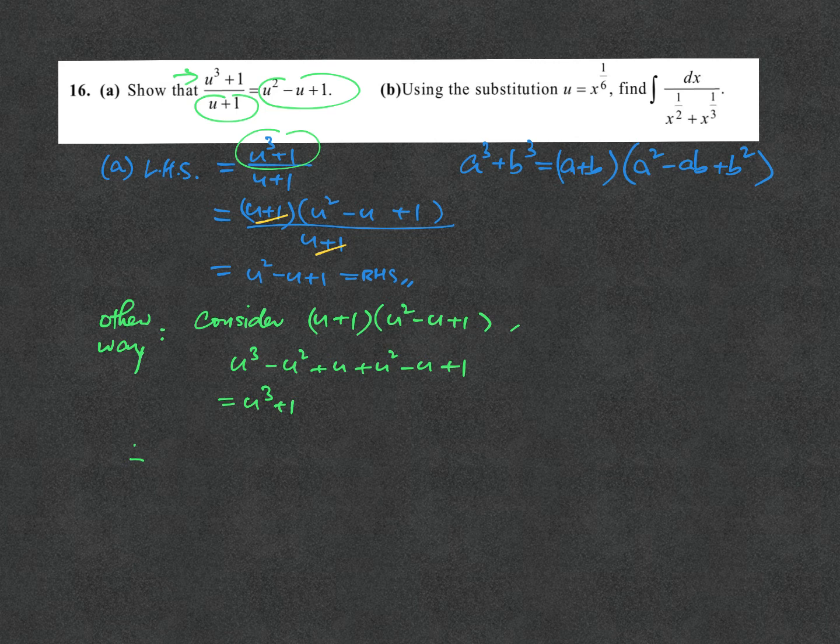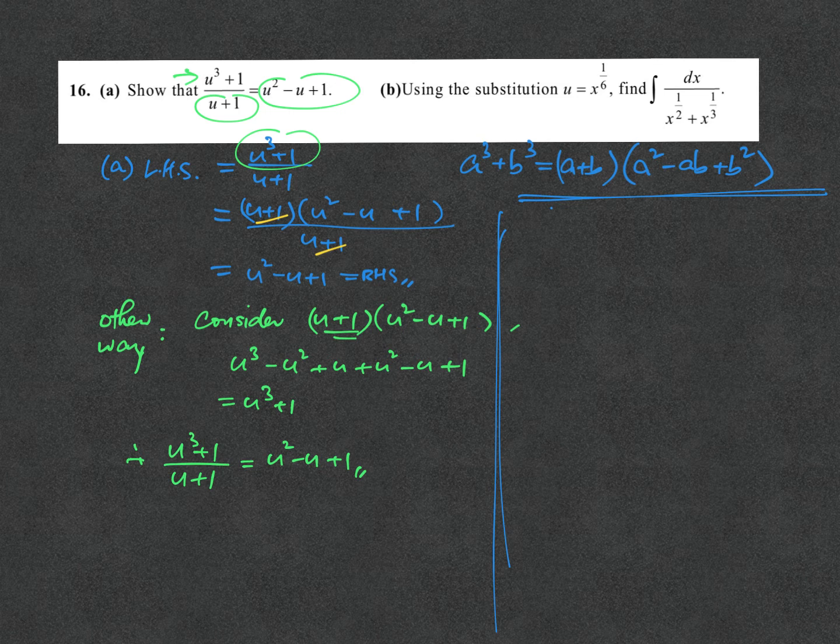As a result, you turn u plus 1 to the left-hand side by using division. So that's why u cubed plus 1 over u plus 1 will be equal to u squared minus u plus 1 finally. You'll find that the green one will be definitely easier because number 1, it just uses expansion. Number 2, you need not remember the identity a cubed plus b cubed in the answer.